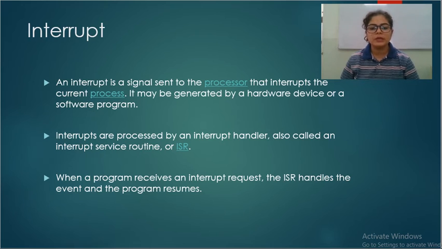It is the responsibility of the ISR to handle the interrupts and to look at the status of the program, and how to resume the program once it has been stopped. So this is all that the ISR has to perform. Whenever an interrupt occurs, it stops the normal execution of the program.